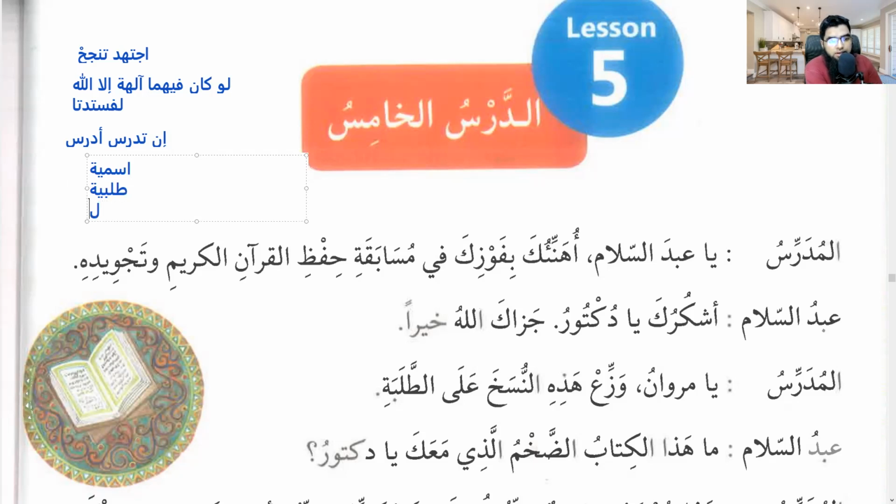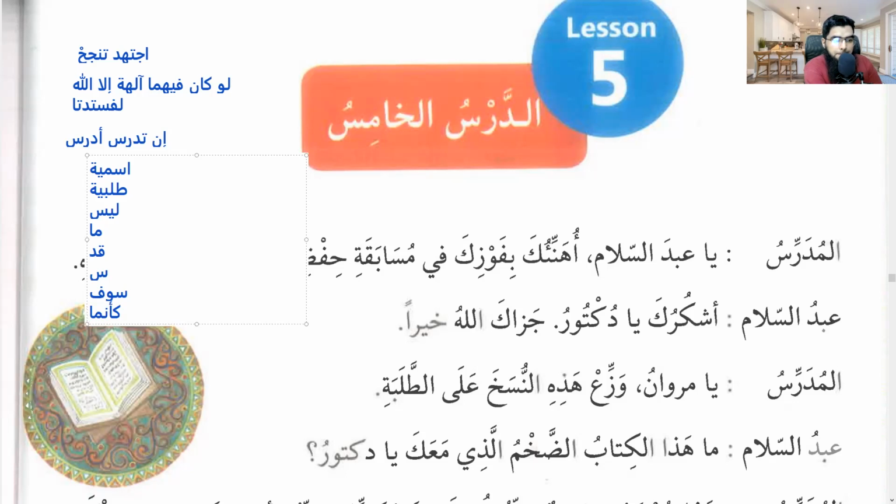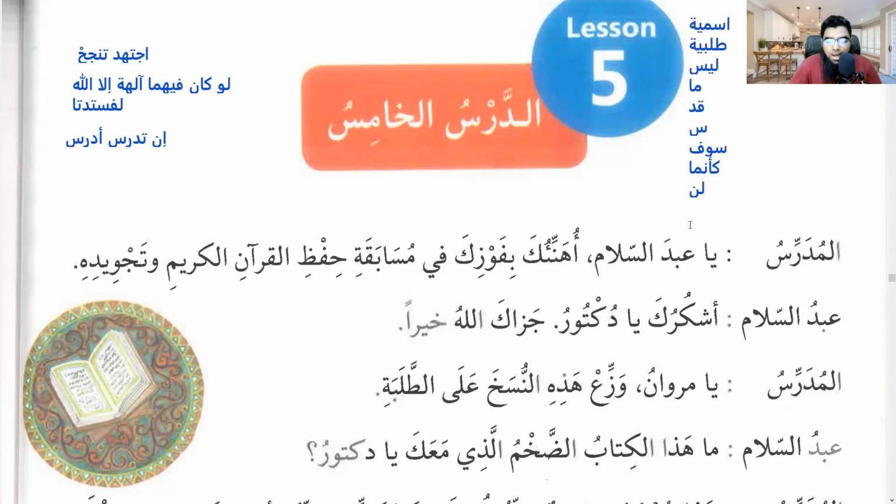Ismiyatun, jamid, laysa, and ma, and qad, and seen, sawfa, ka'annama. All these will get fa. Seen, sawfa, lan. 1, 2, 3, 4, 5, 6, 7, 8, 9. Yeah, 9 of them, right? This is what we learned. All these will get a fa. So we are done with those things.